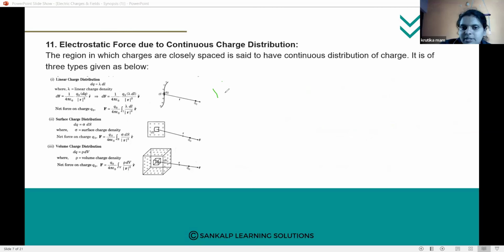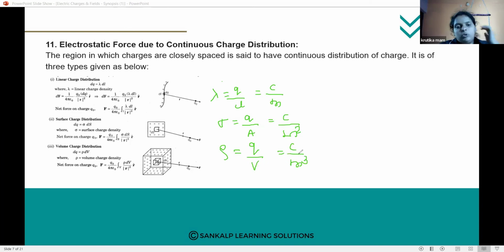The linear charge density is Q by L, so therefore coulomb per meter. Surface charge density, charge by area, therefore coulomb per meter square. Last one, volume charge density, charge by volume, therefore coulomb per meter cube. Yes.